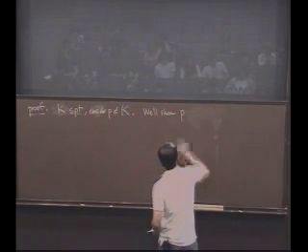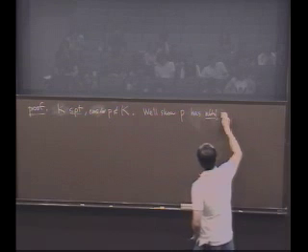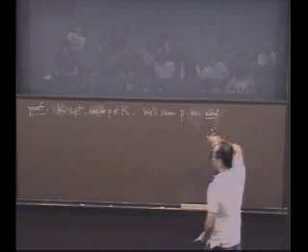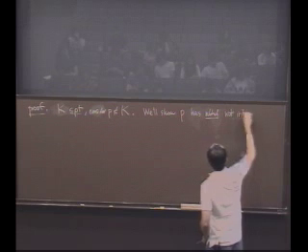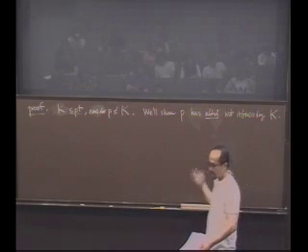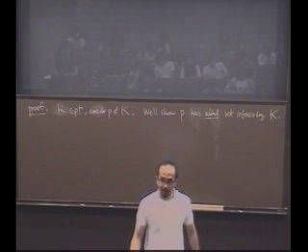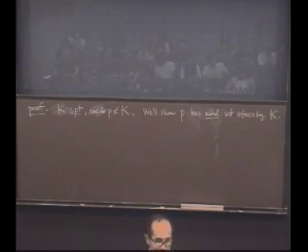P has a neighborhood that does not intersect K. That's the same as showing P is not a limit point of K, which would also show, any point that's not in it is not a limit point, so K contains all its limit points.